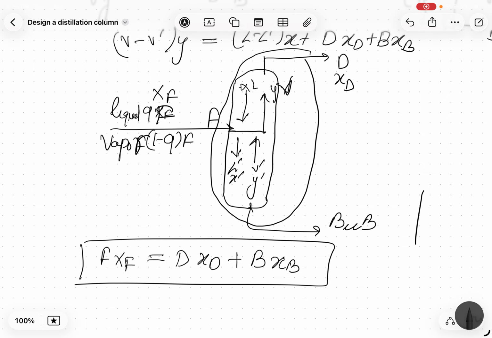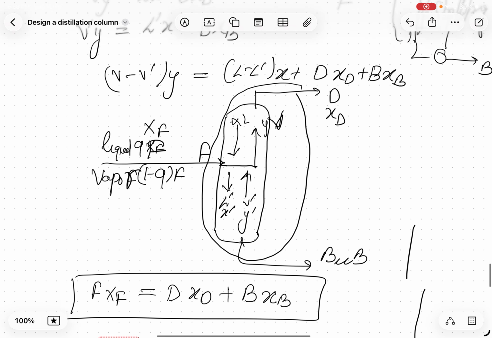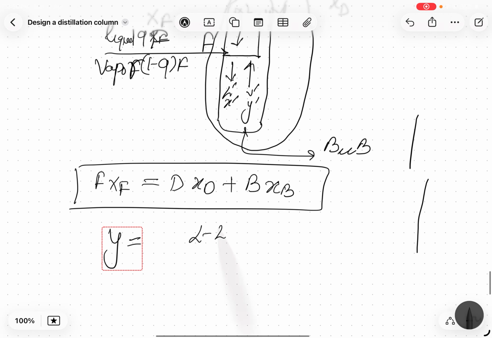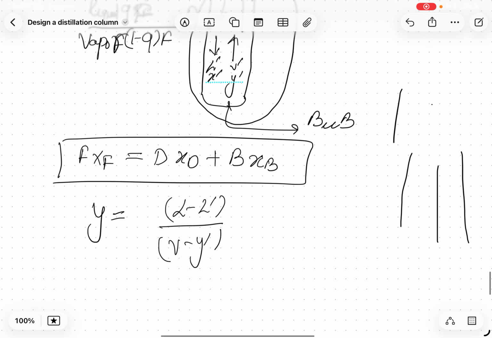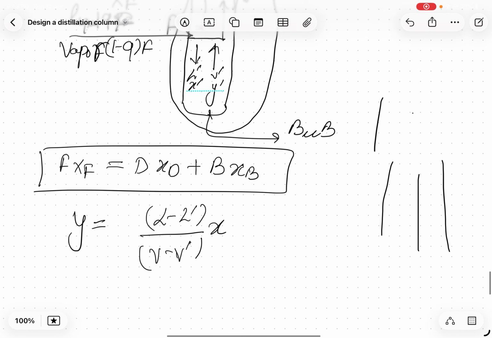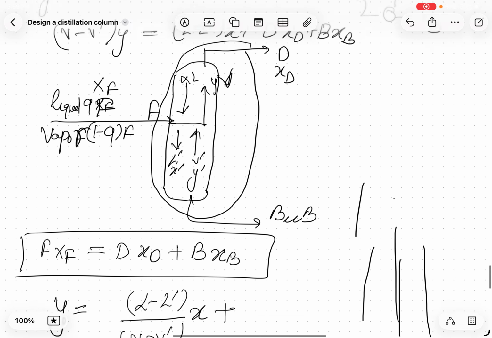Here, if you focus, Y from the top equation will be (L minus L dash) by (V minus V dash) times X plus DXD plus BXB.